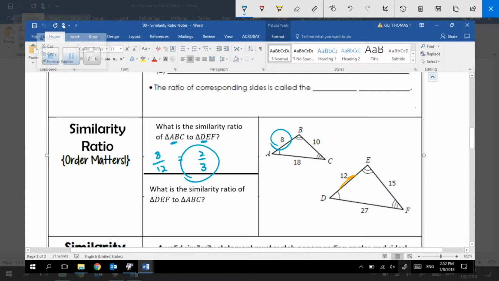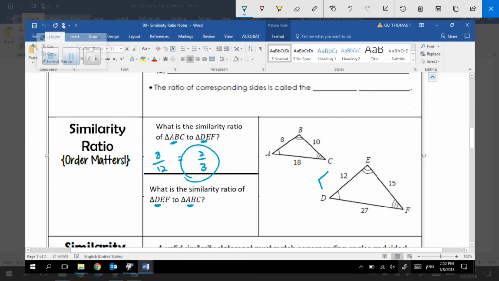Now, watch how order does in fact matter. Take a look at this next one. What is the similarity ratio of DEF to ABC? In the first one, from ABC to DEF, we had AB to DE. This time we're starting from DE. You can pick any side; I'm going to pick DE. DE is similar to side AB, but we're starting at DE.